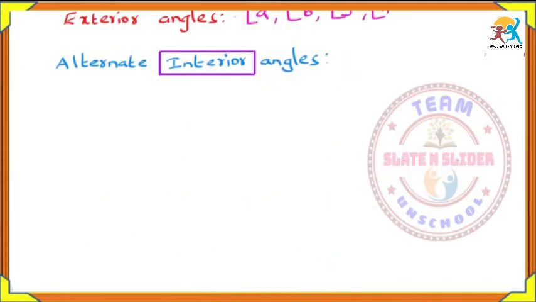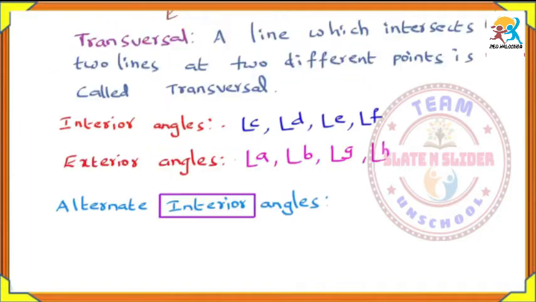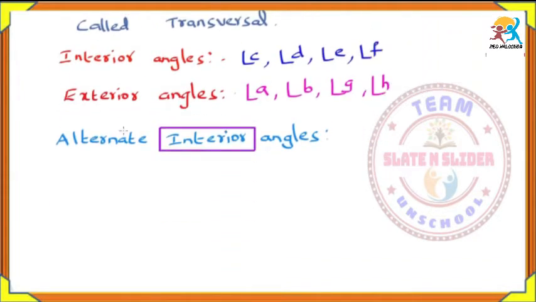In these angles we have to choose only interior angles. That means one angle should be on the left side of the transversal and another angle should be on the right side of the transversal, and both the angles should be inside.